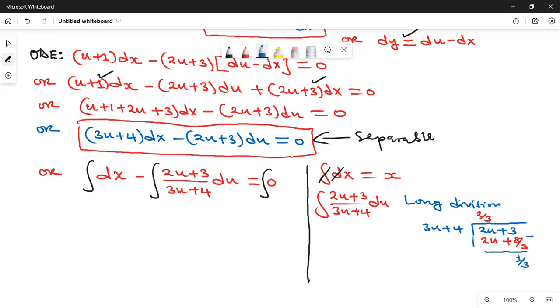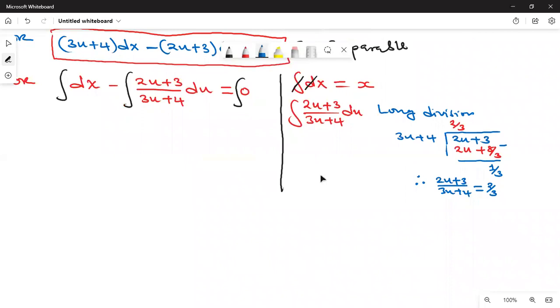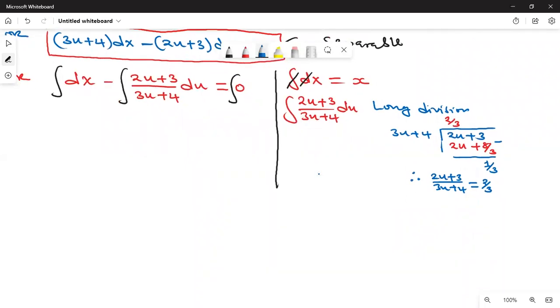So this integrand can now be written as, therefore, where you have (2u + 3) over (3u + 4), you can now write this as 2/3, remainder 1/3, divided by (3u + 4). So we have simplified.